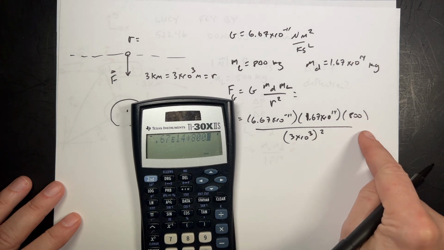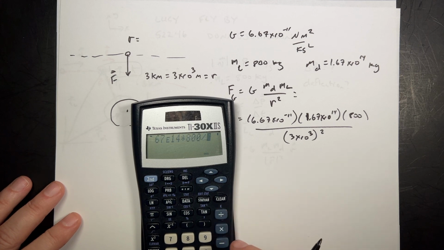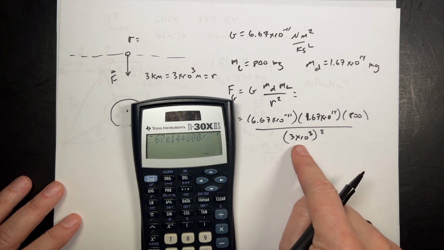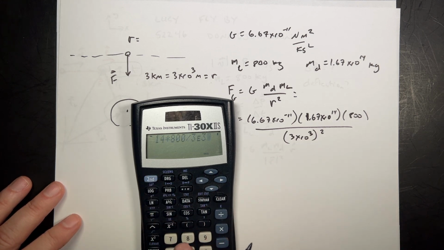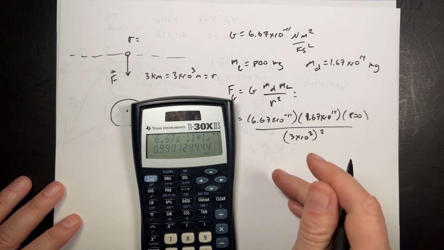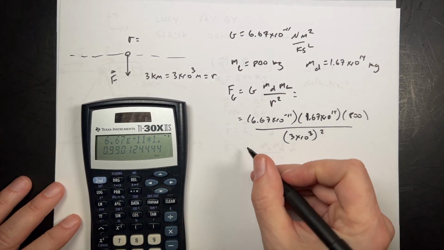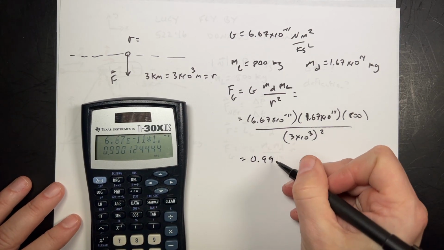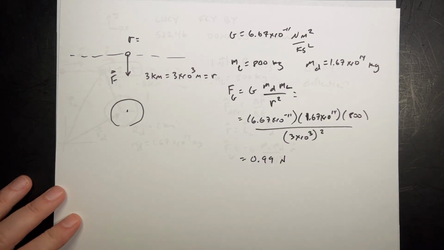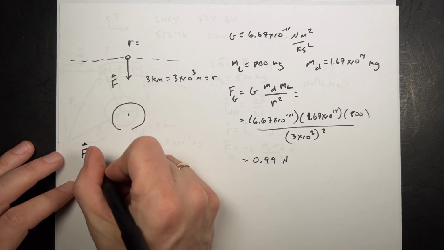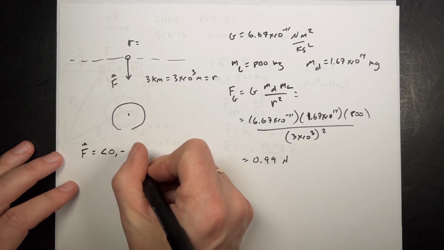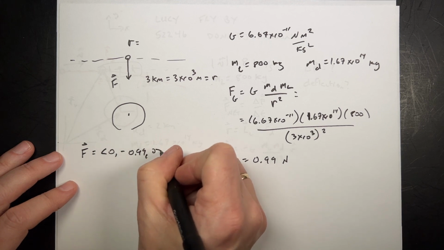I don't have to worry about the unit vector because I'm just finding the magnitude, divided by, now if I use my scientific notation button, I don't have to put this in parentheses, 3e3 squared. Enter. And I get, well, that's not very big, 0.99 newtons. Now let's write that as a force, even though it's not super important. So the force is in the negative y direction: 0, negative 0.99, 0 newtons.